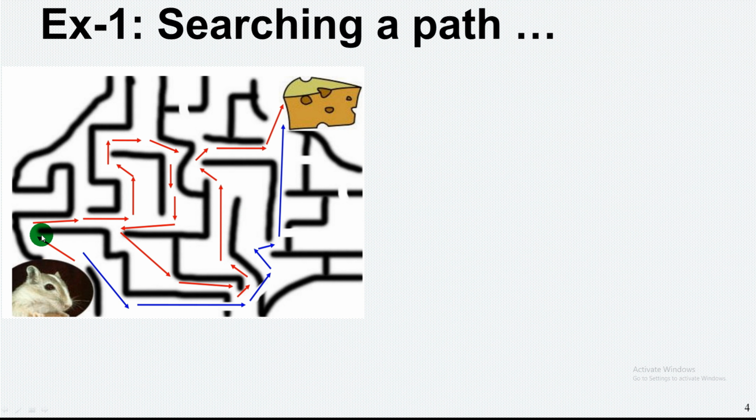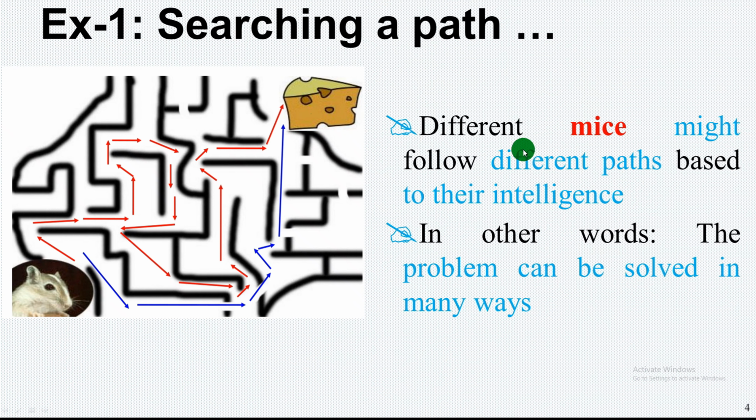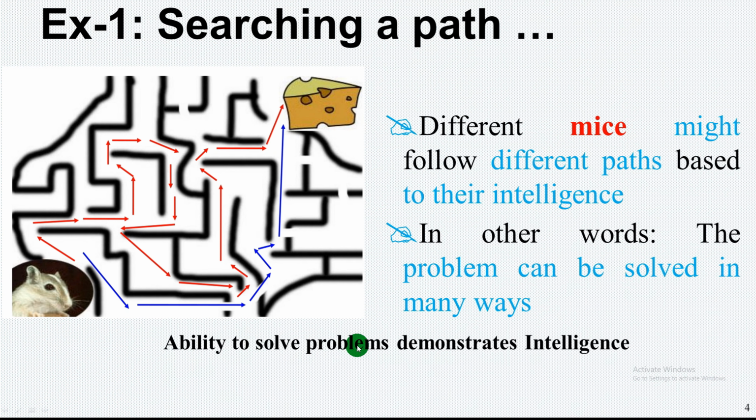The first one, the red one, is so long, and the second one, the blue line, is so short. So selecting the best solution in order to reach this object requires intelligence, right? Different mics might follow different paths based on their intelligence. In other words, the problem can be solved in many ways. The ability to solve the problem demonstrates intelligence.